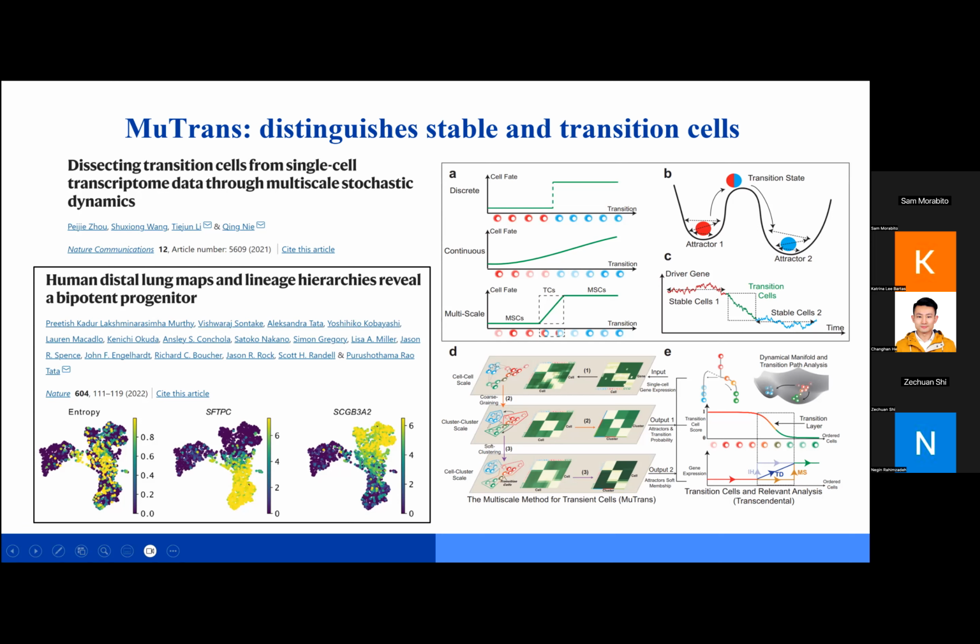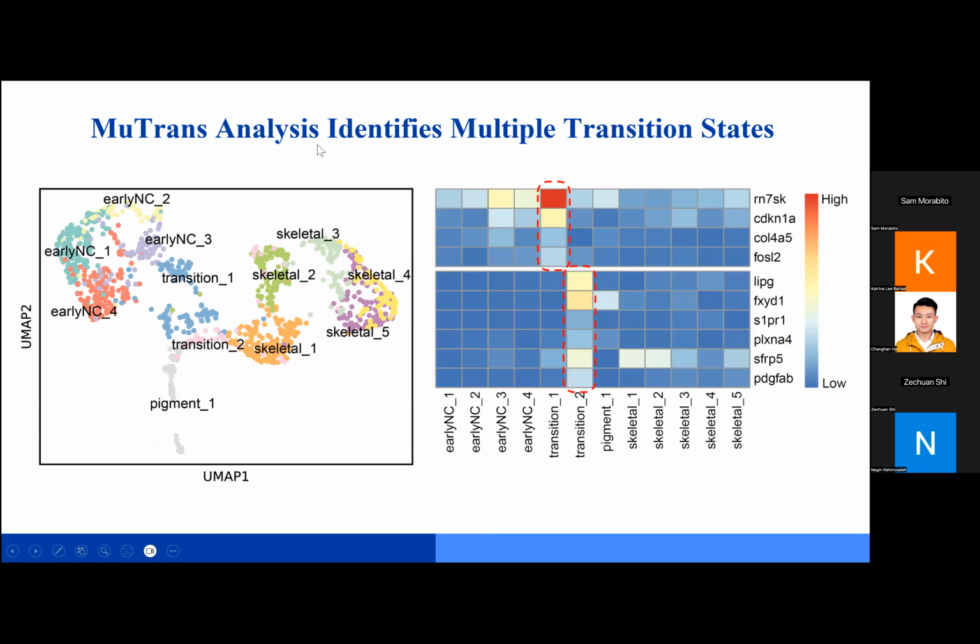He published all this in a 2021 paper in Nature Communications. We applied his method, and we found that we can identify at least 2 transition groups, and we have multiple early neural crest cell subgroups and multiple skeletal subgroups.